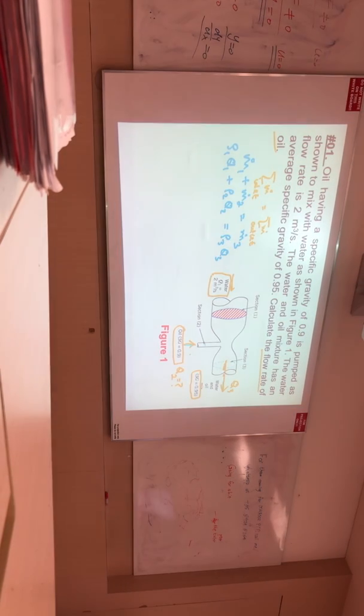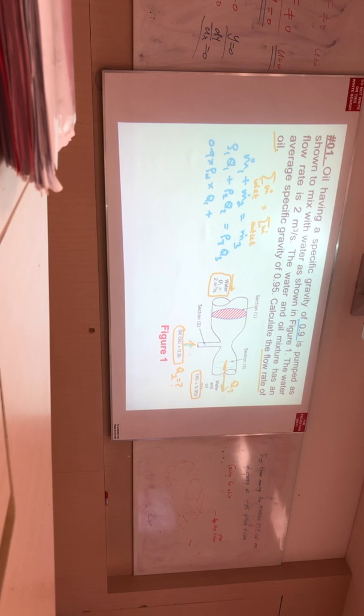So what is the specific gravity at 1? 0.9, right? Then I can write 0.9 times density of water times Q1 plus what is rho 2?